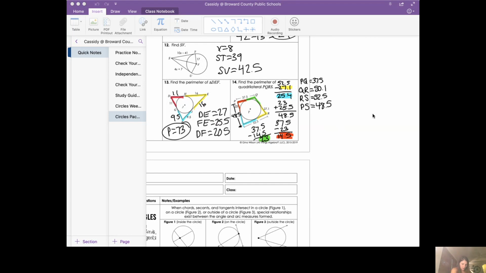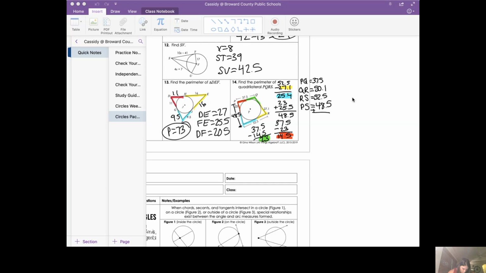Now all we need to do is add all four of those together. I think I added that wrong.